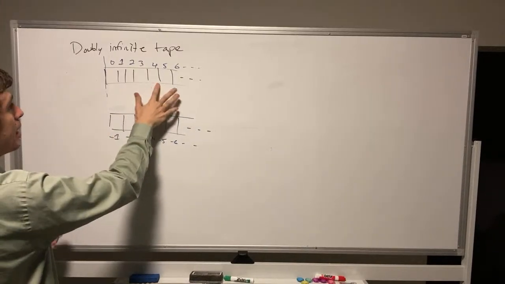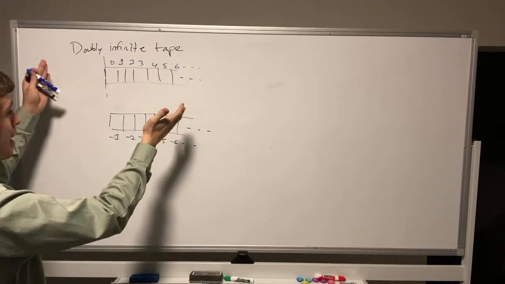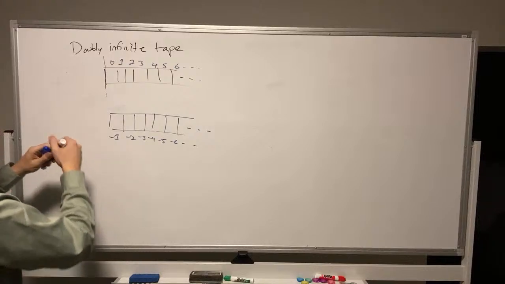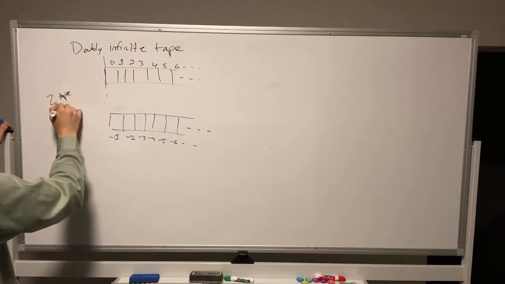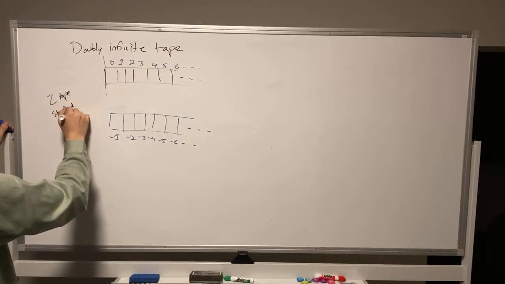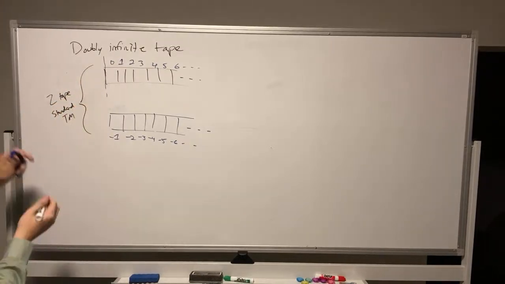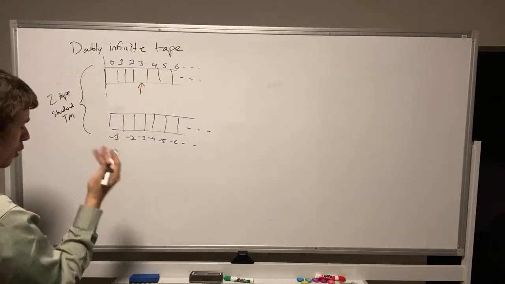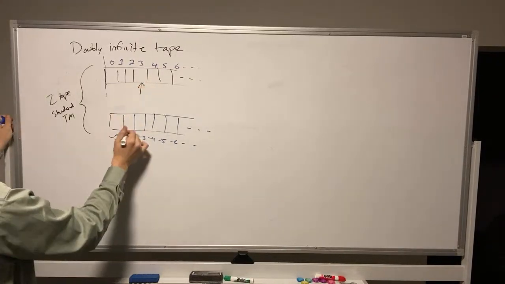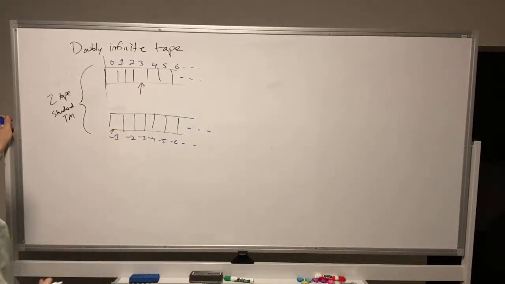In the two-tape machine, this is the two-tape standard Turing machine. We need two tape heads, one for each of the tapes. Let's say it's in that position right now.